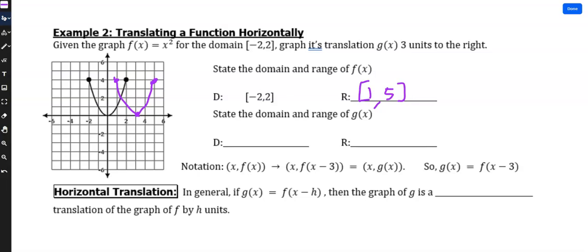I'm sorry, what am I doing? I'm writing down, I'm right, the domain is 1 to 5, but I'm putting it on the wrong line. So the range of the original one was 0 to 4, and the range stayed 0 to 4.